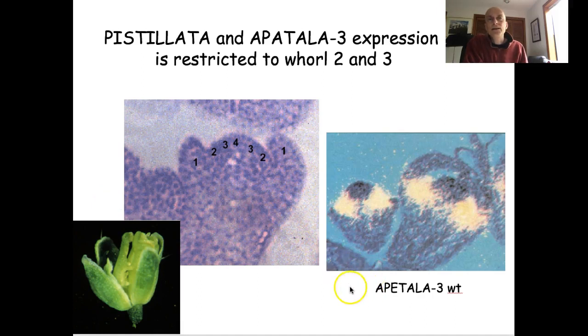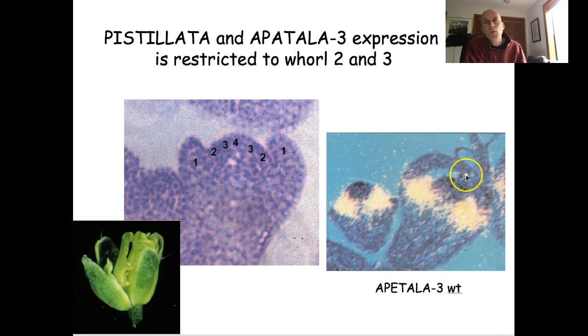In this case, you see where Pistillata and Apetala 3 are expressed. Again, here is a section of a wild type, just to show you where the different whorls are. And then here's a cross section of a wild type, and the signal here is white, so there's probably a false coloring afterwards, after the hybridization was done.